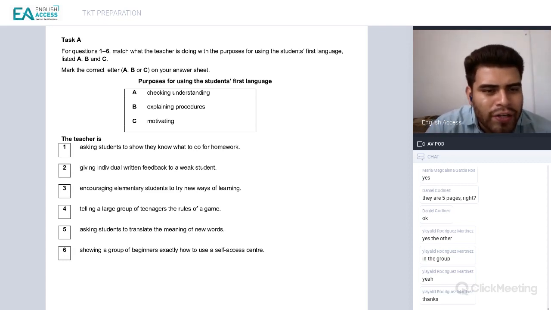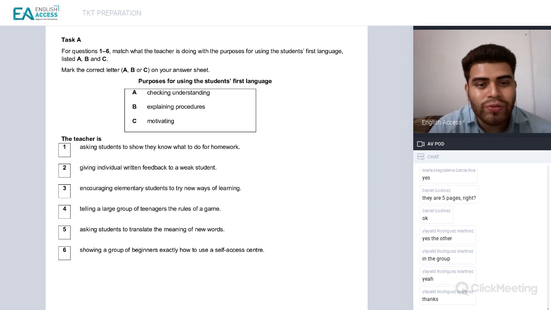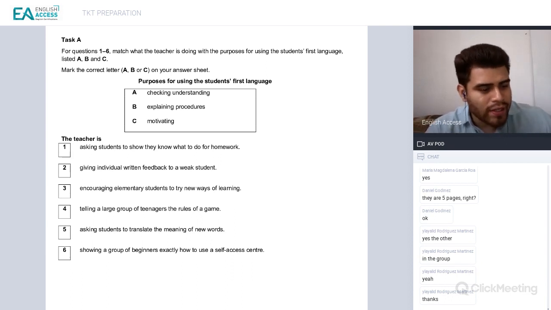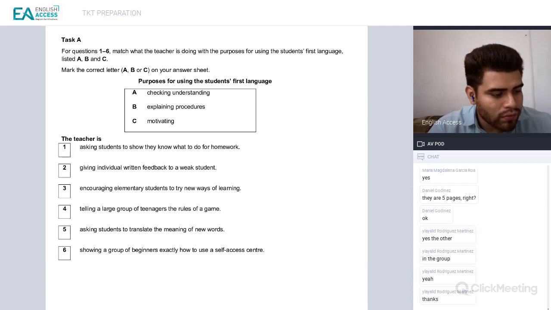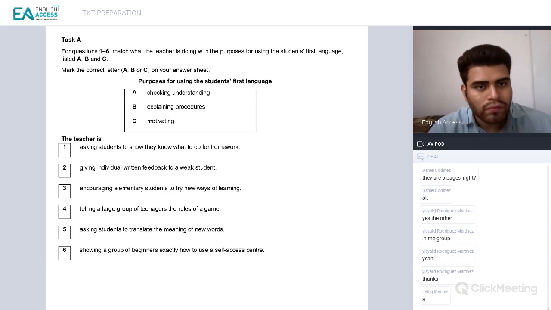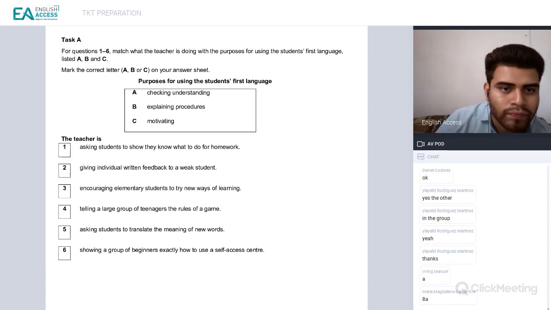Number one, the teacher is asking students to show they know what to do for homework. Is that A, B, or C? Yes, they are checking understanding.